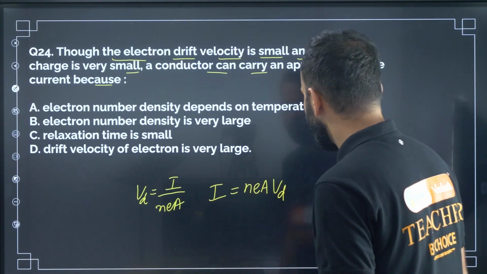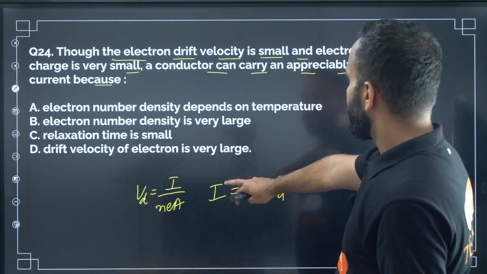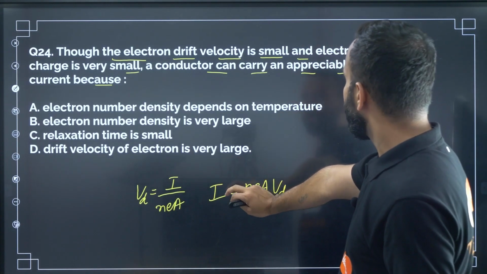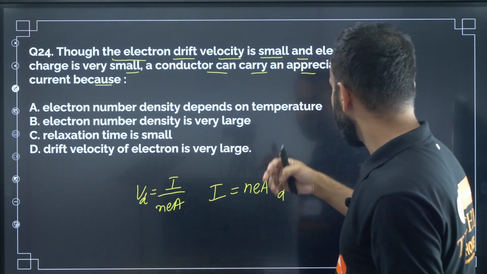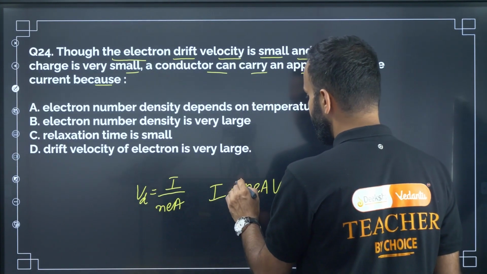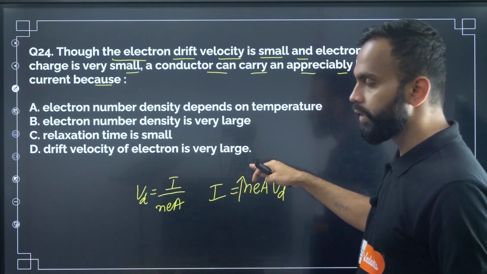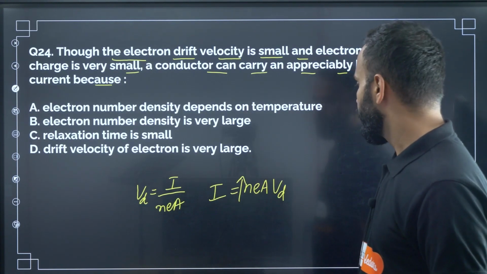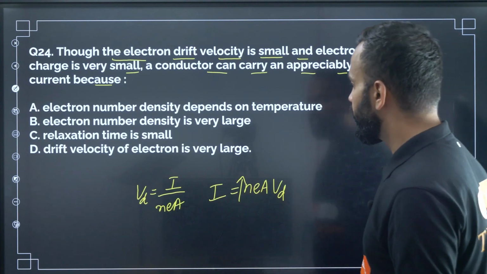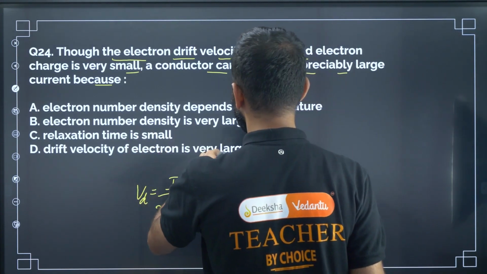So the conductor can carry an appreciably large current because of the higher value of the electron number density.